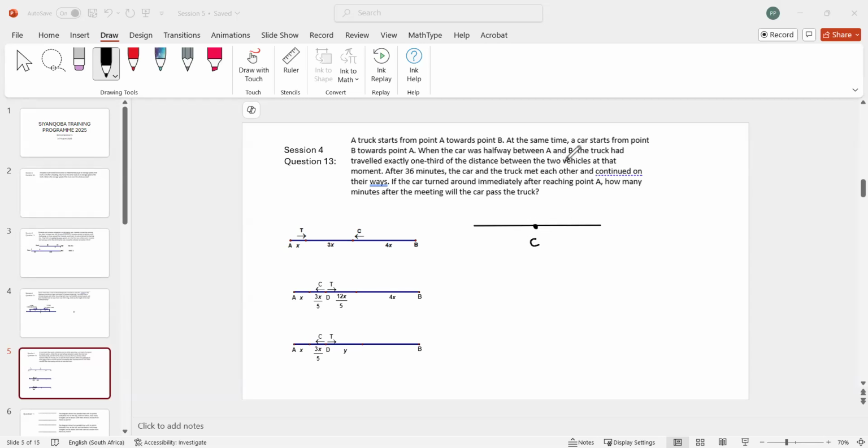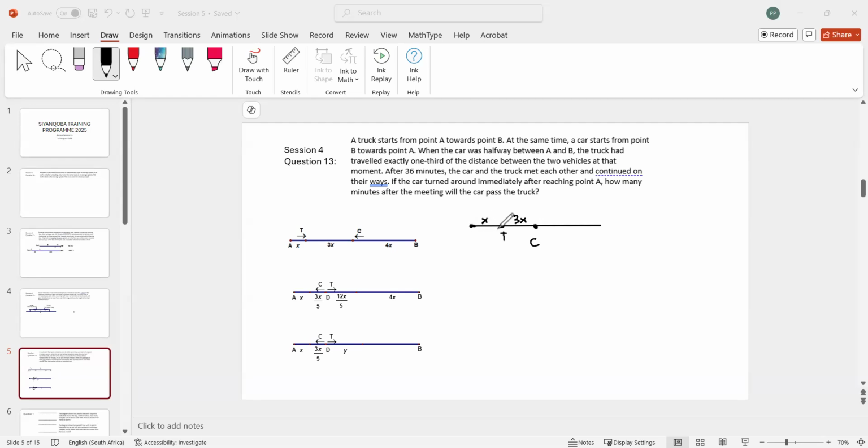When the car was halfway between A and B, the truck, okay, both of them moved. The truck moved, and the truck is here somewhere. The truck traveled exactly 1/3 the distance between the two vehicles. So it's nice to put 3x here, and put an x here.